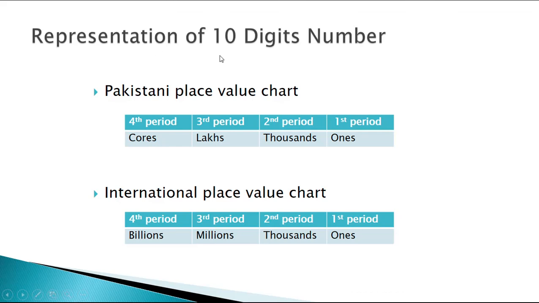Then students, representation of 10-digit number in Pakistani place value chart and international place value chart. For 10-digit number, here are 4 periods: first period, second period, third period, fourth period. International place value chart also has 4 periods.